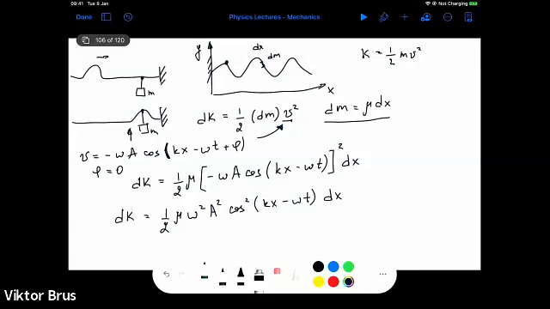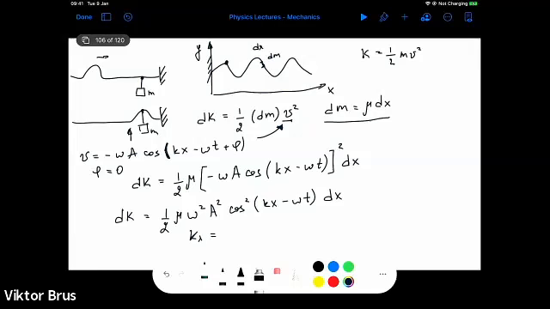Okay, so now we have this equation and we want to get the kinetic energy which is located in one wavelength of this sinusoidal wave. So it's called K lambda.